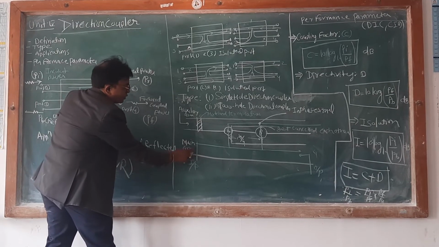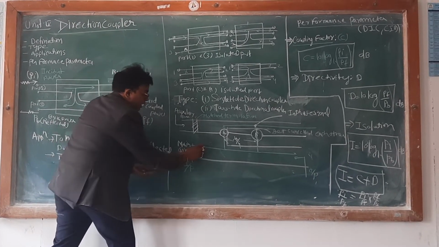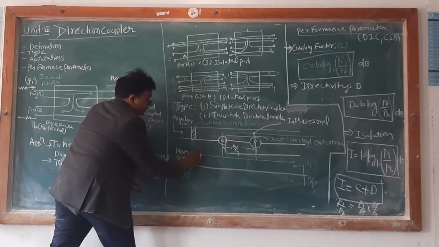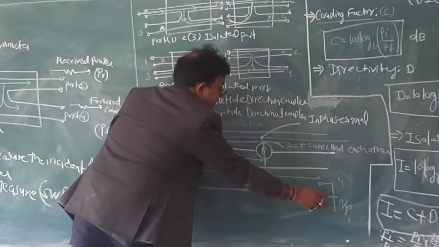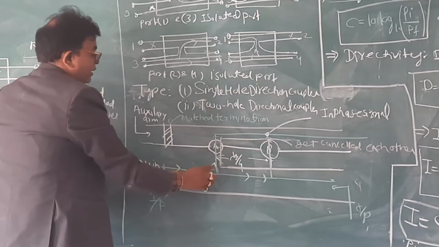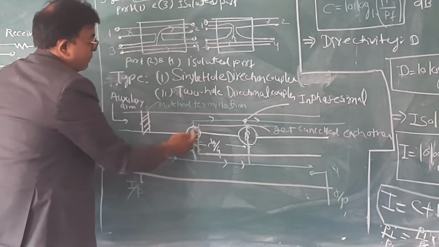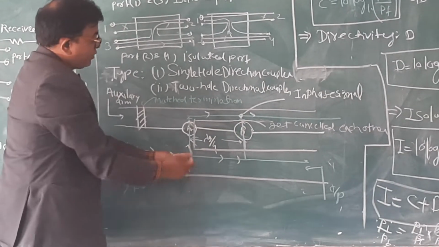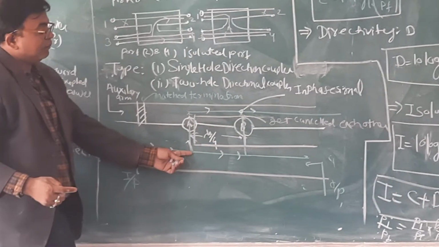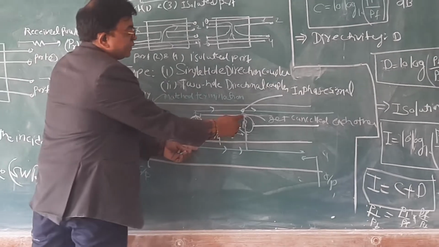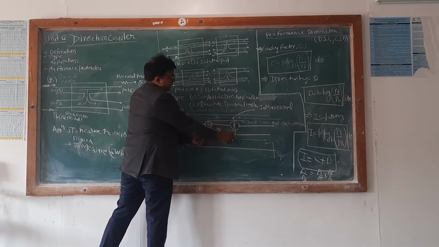Whenever you apply the input at port 3, this power is going to be received by the outputs, and a small amount of power can escape from gate A and gate B. Whatever field pattern or power is received at gate A and gate B is going to be in phase, because it travels the same distance, lambda g by 4.